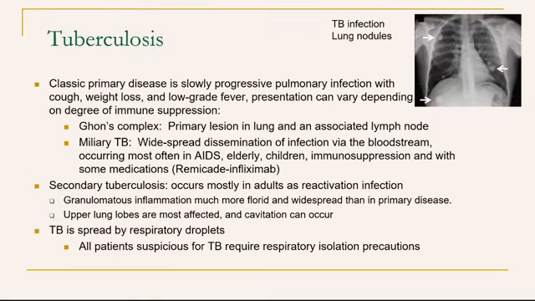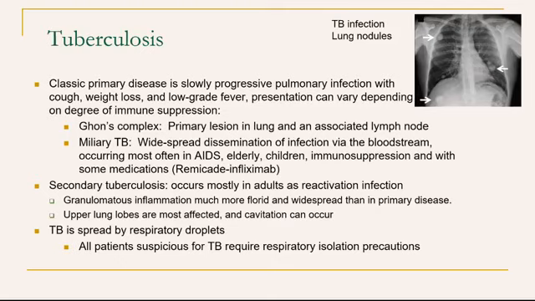Tuberculosis, of course, is a classic primary disease, a slowly progressive pulmonary infection with cough, weight loss, and low-grade fever. The presentation can vary, of course, depending on the degree of immune suppression of the patient. You can have something like a Ghon's complex, where you have the primary lesion in lung and an associated lymph node.